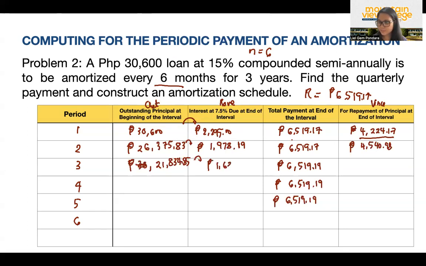1,637.61. Very good. Vince, the repayment. 4,881.56. Yes, a student asks about the total payment being different in the third row, 0.19, and in the other it is 0.17.